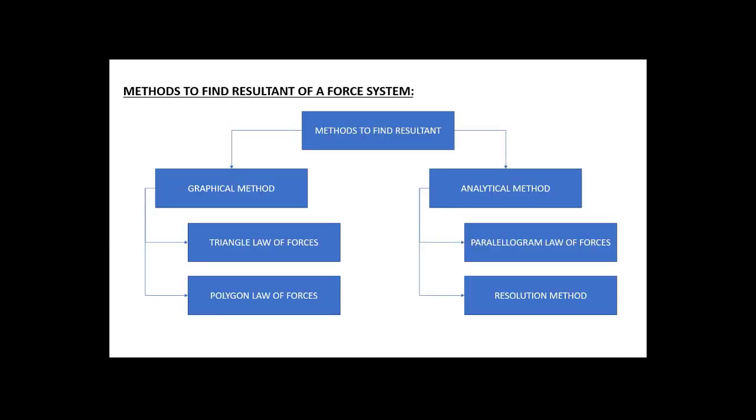Now there are methods to find the resultant of a force system. Basically, the methods to find the resultant are broadly categorized into two parts: the graphical method and the analytical method. The graphical method means that it contains only measurements, in terms of angle and length.